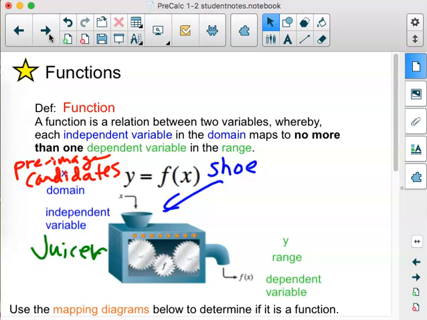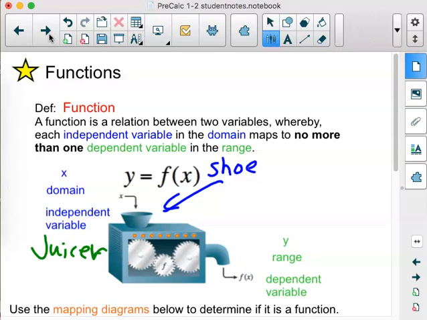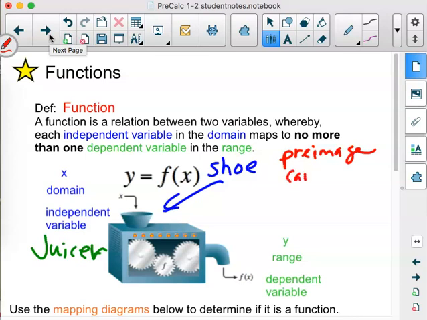So again, x, I want to write this over here out of the way a little bit. Our x values are the inputs and the independent variable. Our y values are the outputs and the range and the dependent variable.